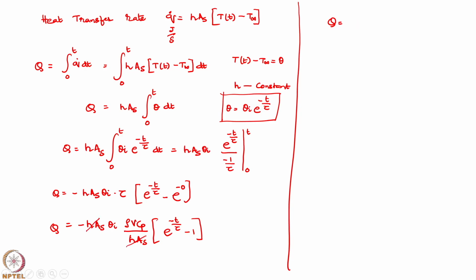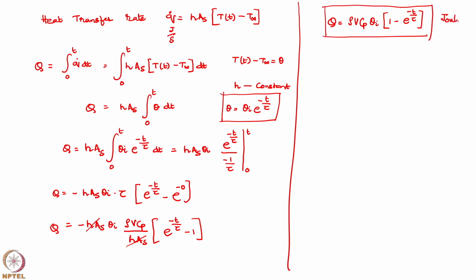So, you end up getting rho v c p theta I into, if I subsume that negative sign into the bracket, I get 1 minus e to the power of minus t by tau. So, this is in joules the energy accumulated over time 0 to t.